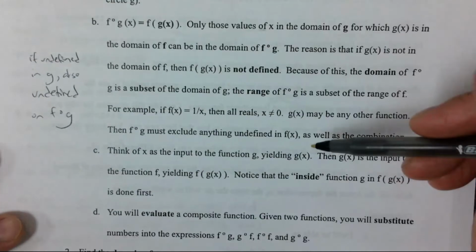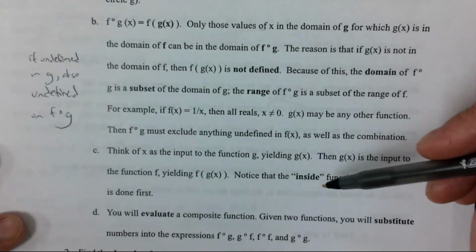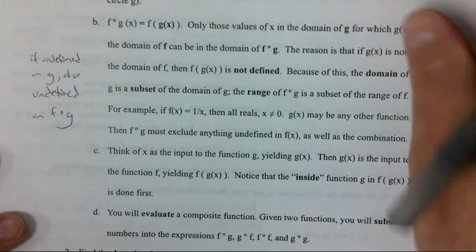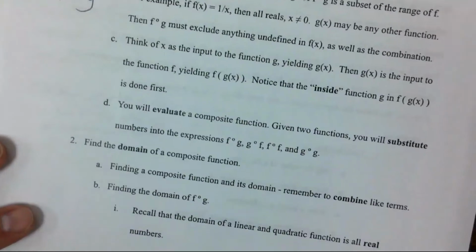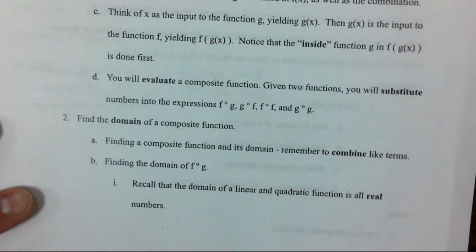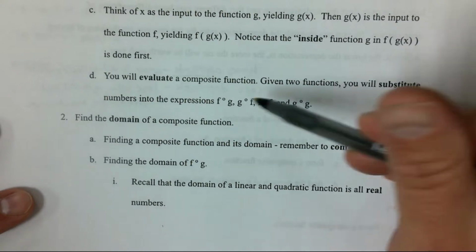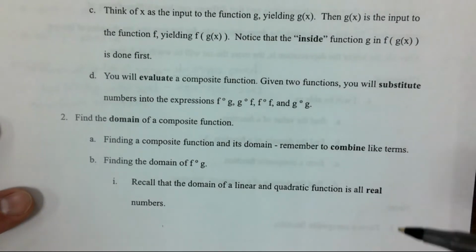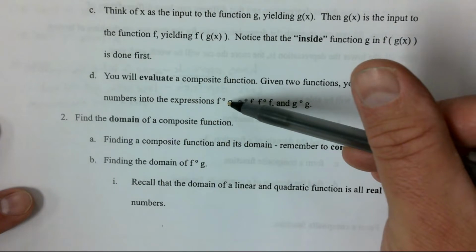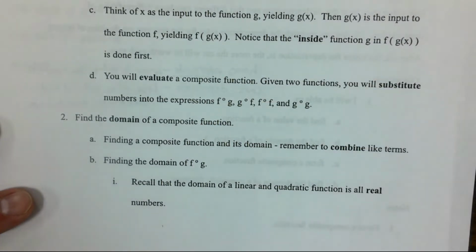Again, we'll get into specifics in a minute, but you do work inside out. When we talk about evaluating, you're going to have to substitute numbers in. And normally the value for f circle g is not the same as g circle f.